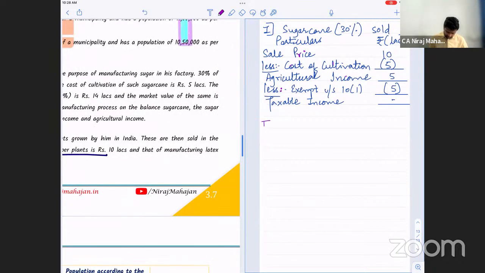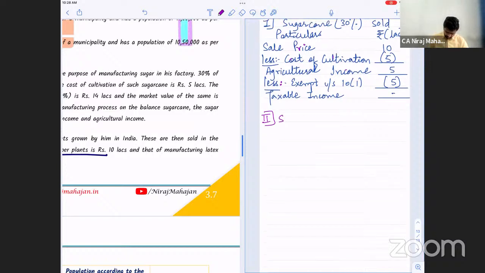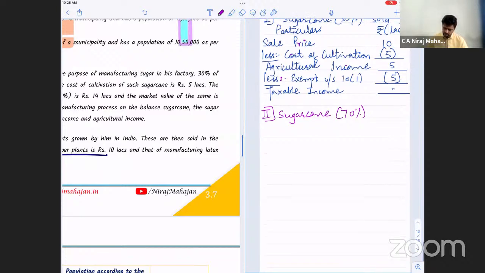Second part. Obviously, the second part will have two parts, and don't forget. Sugarcane now, which one? 70%. Used as raw material in sugar factory.